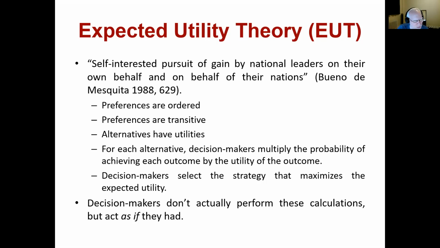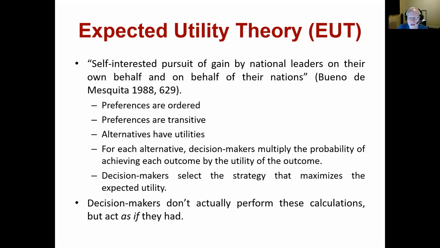For each alternative, decision makers multiply the probability of achieving each outcome by the utility of the outcome, right? So the probability of the outcome and the utility. For example, if we want to find the utility of the outcome of getting a 50% chance of $100, so 0.5 for 50%, and then $100, 0.5 times 100 would be 50, right?